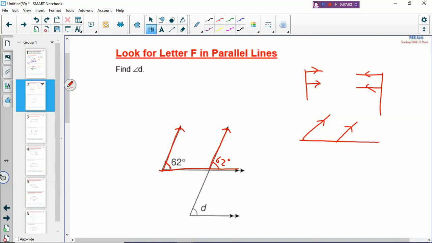For example, this angle will be the same as this angle, and this angle will be the same as this angle, right? And I can draw many more types of F, like that. Okay, then this angle will be the same as this angle. So your F can be different kinds of F. It can also be like that.